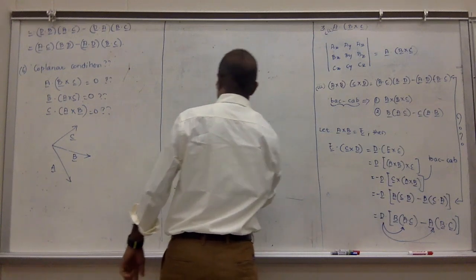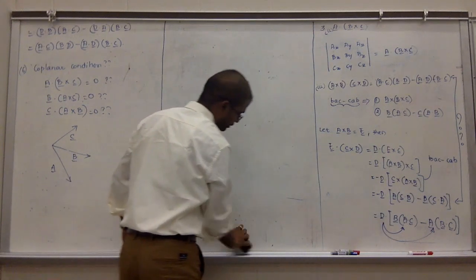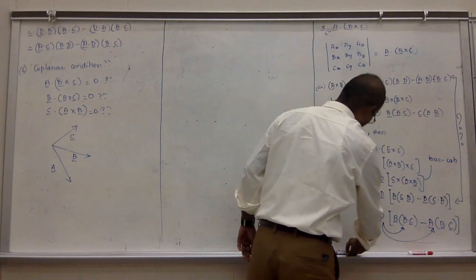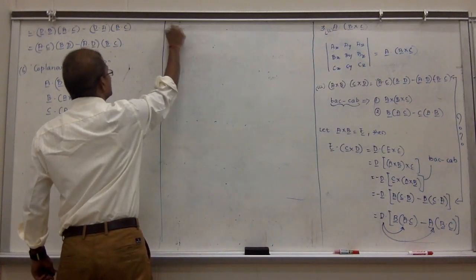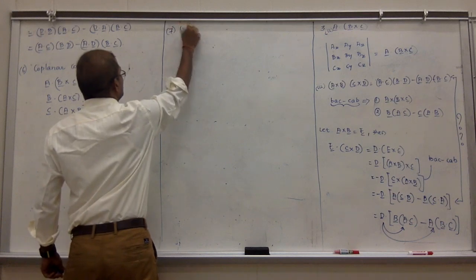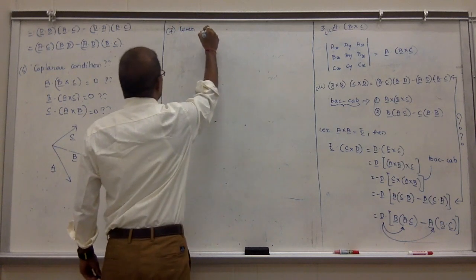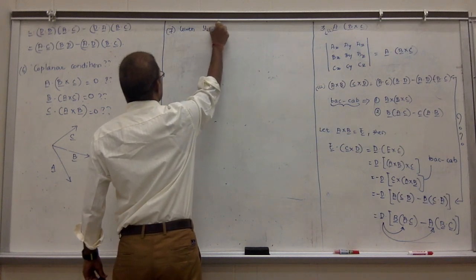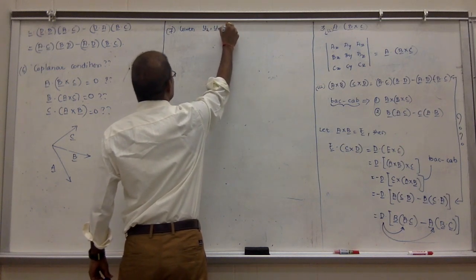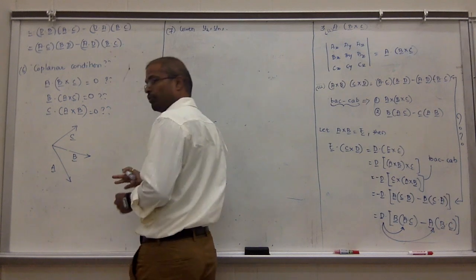Alright, 7 to 1. So what is given for 7 to 1? Number 7 was the UT. What is given? UT, UN, and UB.